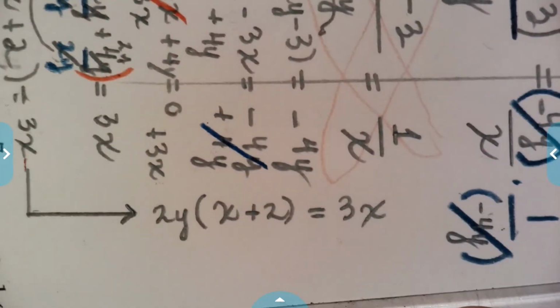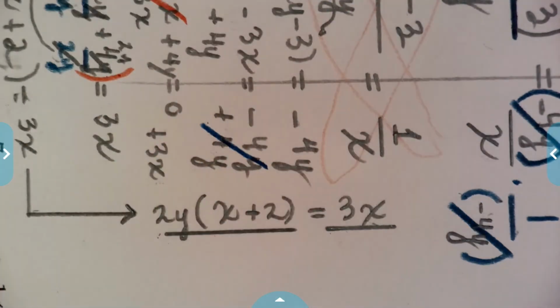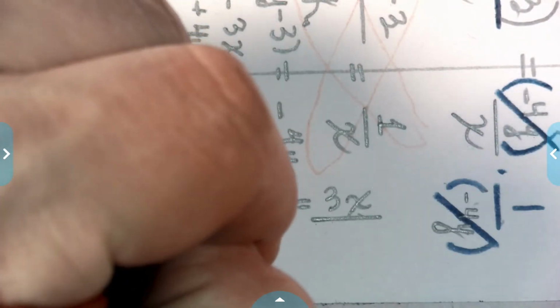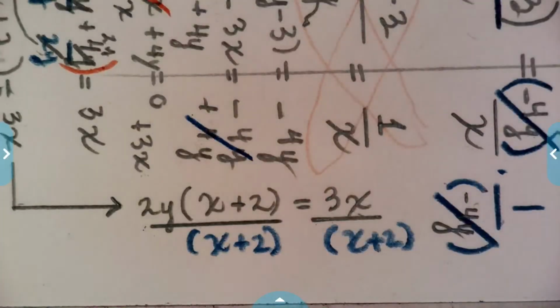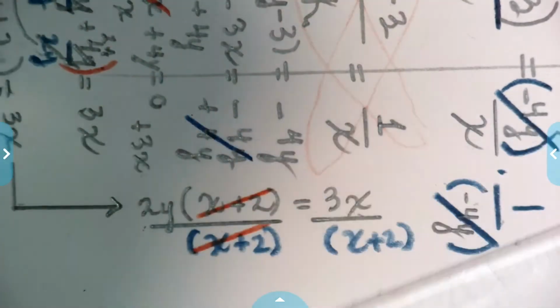All right, now we can just divide both sides by x plus 2 in parentheses. So we'll go ahead and divide out x plus 2. And see, over on the left side, I just got rid of the x plus 2 because they cancel. And now I've got 2y.